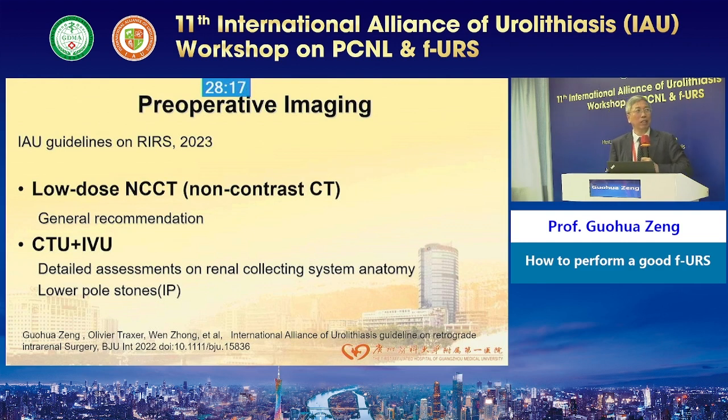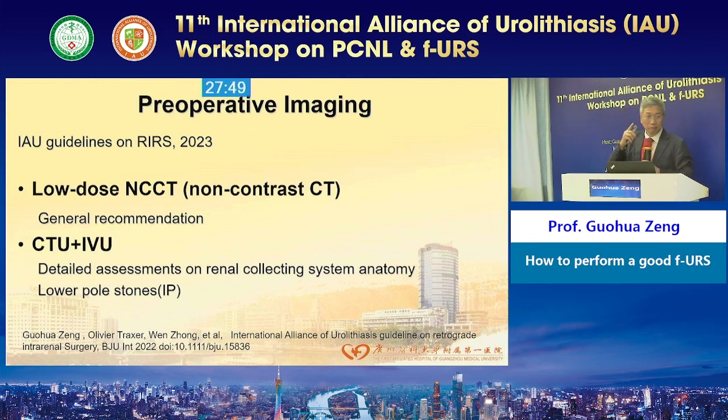Let's talk about preoperative imaging. According to the EAU guidelines, low dose CT is a must. It is general education: you must do it before you do flexible ureteroscopy. And sometimes you must check the detailed collection system anatomy. You can do a contrast CTU or IVU.